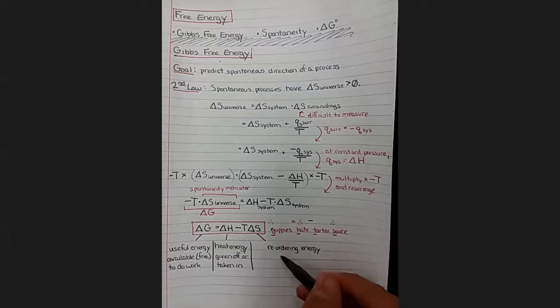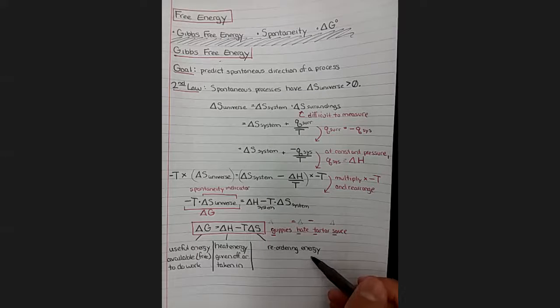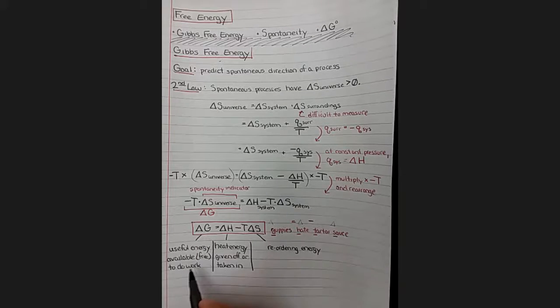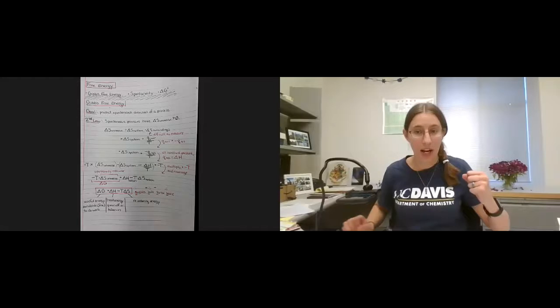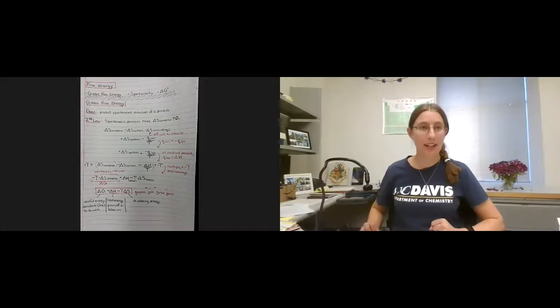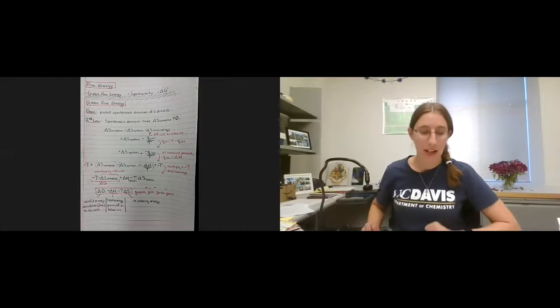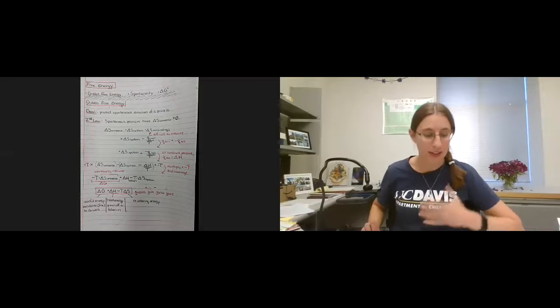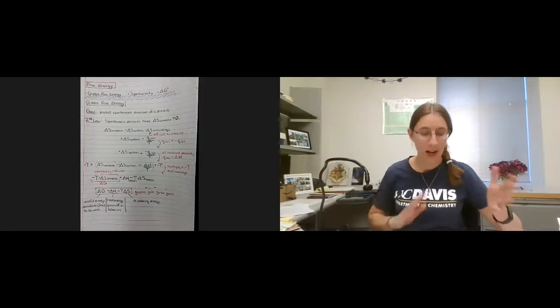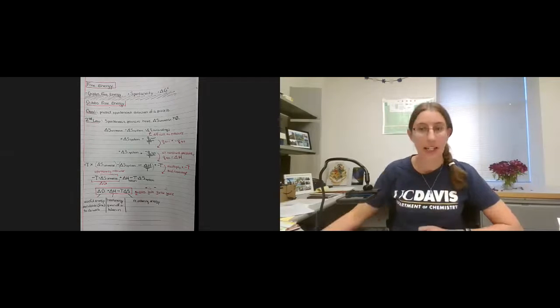We had to pay out this T delta S term to reorder to be able to afford it, but it's free because that's the energy that's available to do work in the system. So now we have the ultimate tool for predicting spontaneity, Gibbs free energy. And in the next video, we will talk about the sign of Gibbs free energy and how that tells us whether something is spontaneous or not.